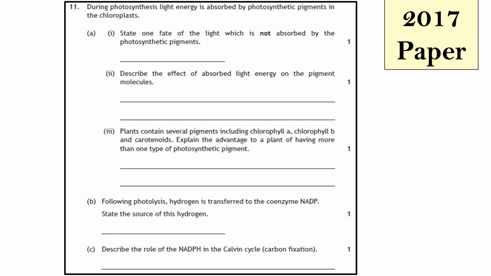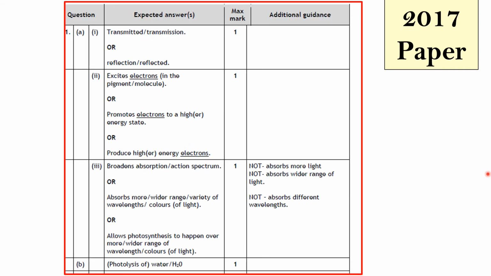So this is from the 2017 exam. Press pause, try this. During photosynthesis, light energy is absorbed by photosynthetic pigments in the chloroplast. State one fate of the light which is not absorbed by the photosynthetic pigments. Two options for that, either reflected or transmitted.